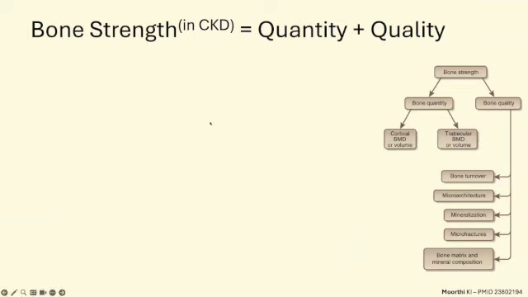Looking at their bone quantity, they have defects in cortical bone due to the underlying metabolic abnormalities that occur in kidney failure. They have defects in their trabecular bone due to the fact that many of them are older. They're inflamed because CKD is an inflammatory disease. Many are on medications like steroids, which negatively impact trabecular bone.